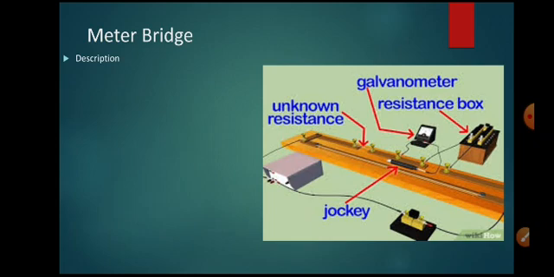That's why it is called a meter bridge. In gap 1 the unknown resistance is connected. In gap 2 the known resistance is connected. From the middle strip a galvanometer is connected, and the other end of the galvanometer is connected to the jockey through a high resistance.